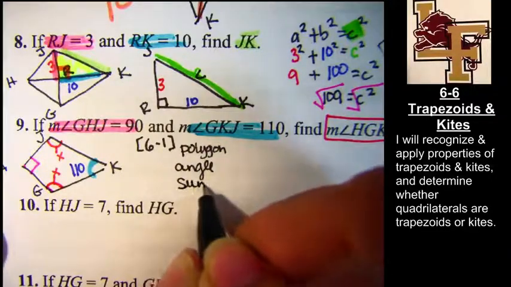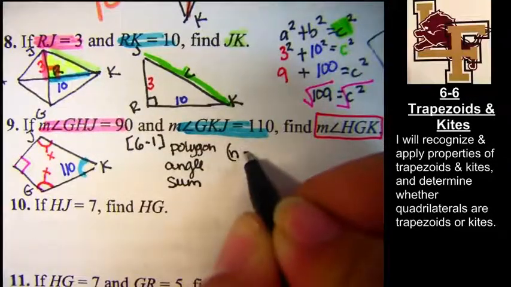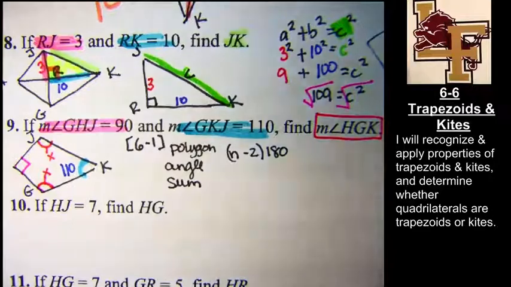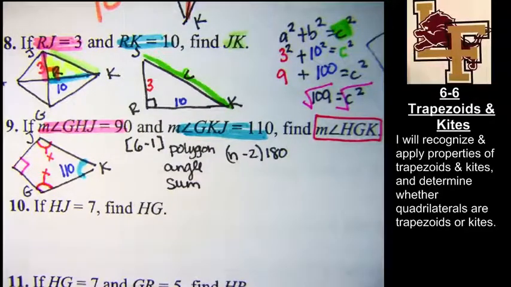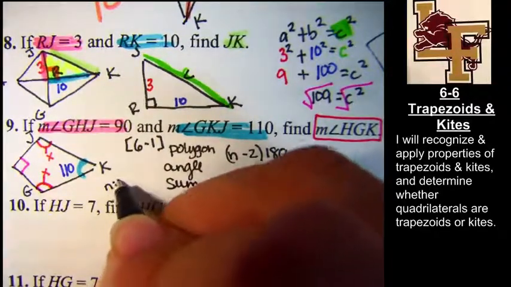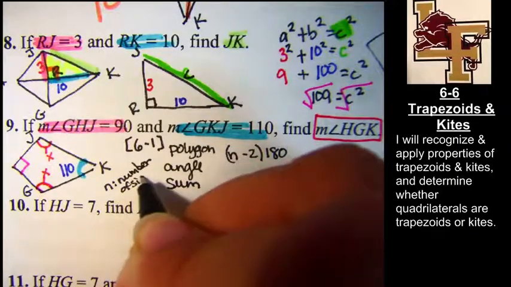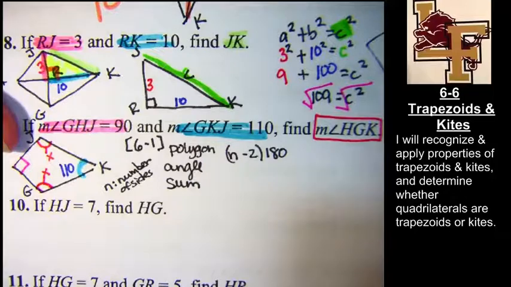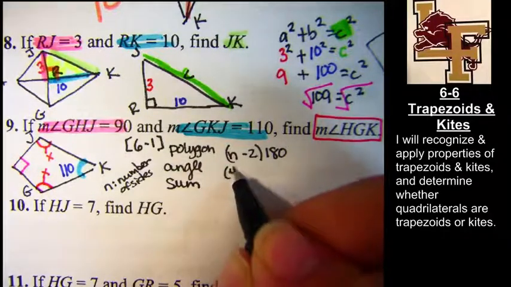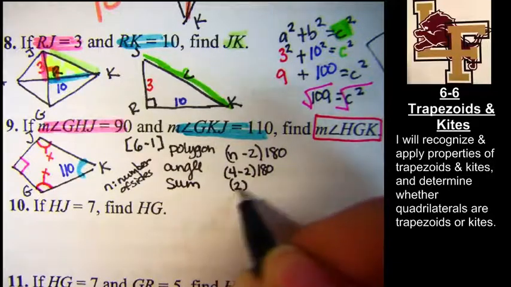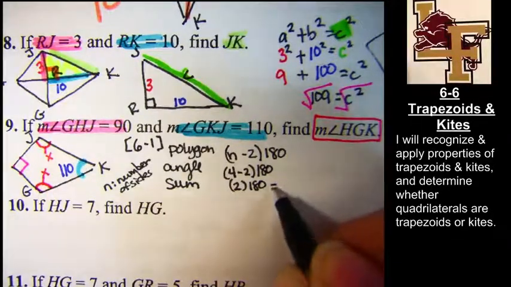The polygon angle sum formula said this: n minus 2 times 180 will tell me how much you get when you add up all the angles inside of a shape. That n stands for the number of sides. How many sides in our shape? 4. So I'm going to replace the n with 4, and I get 2 times 180. 2 times 180 is?